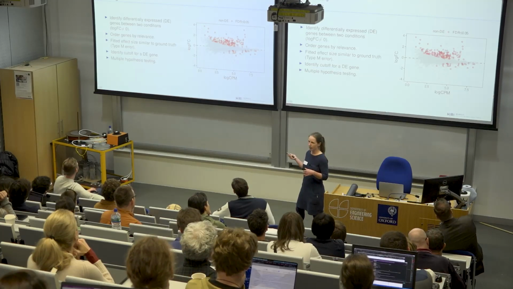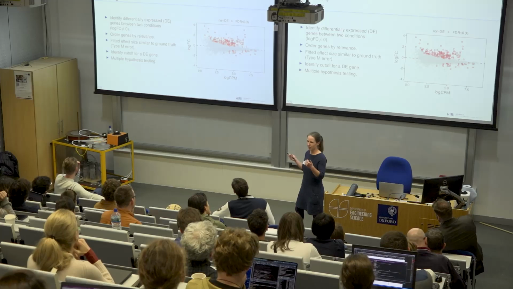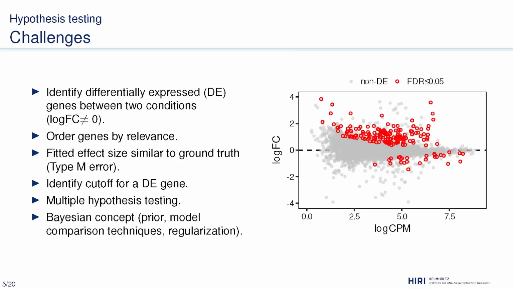And I want to correct for multiple hypothesis testing because here I'm testing 5,000 genes at the same time. So we'll probably always find something. And then it would be also nice if it's a Bayesian concept. So if it accounts for prior, if it uses model comparison techniques or regularization.